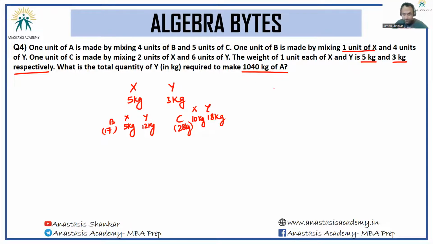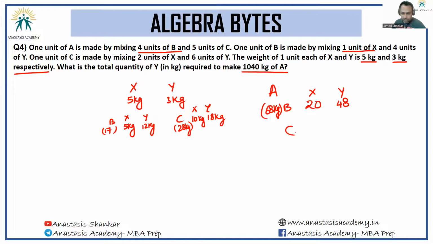Okay. Now when I'm trying to make A, A has 4 units of B, so overall 68 kg. 1 unit had 17 kg, so 4 units will have 68 kg, which will get divided in the same ratio, 5:12. So X here will be 5 into 4, so 20, and Y would be 48.